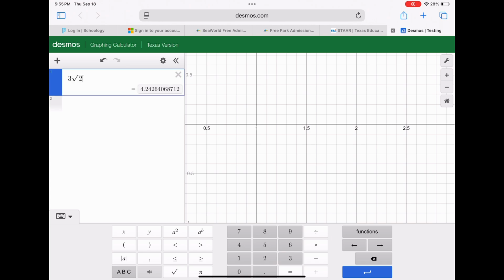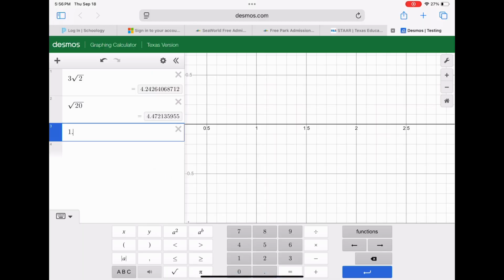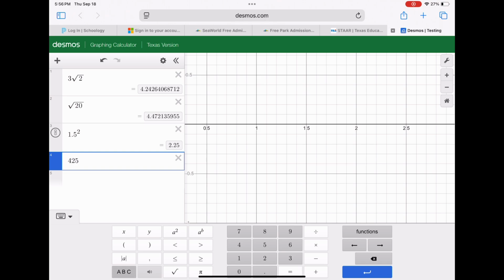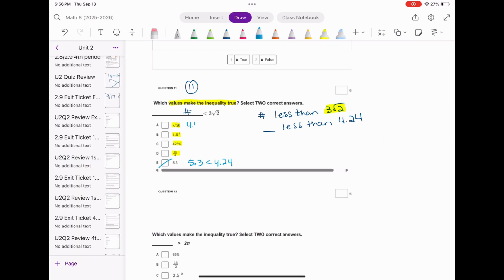You guys can do it on your own and come back to check your work. Okay, so now I'm going to start comparing them.